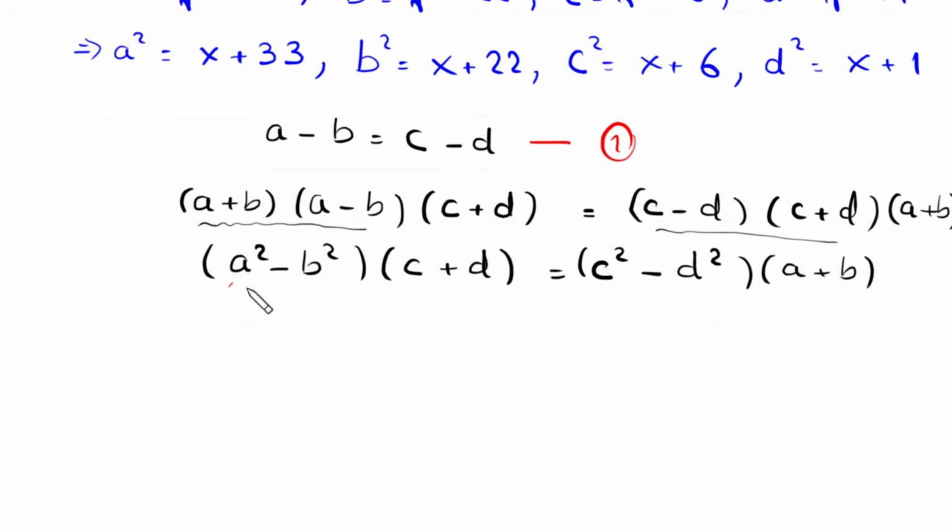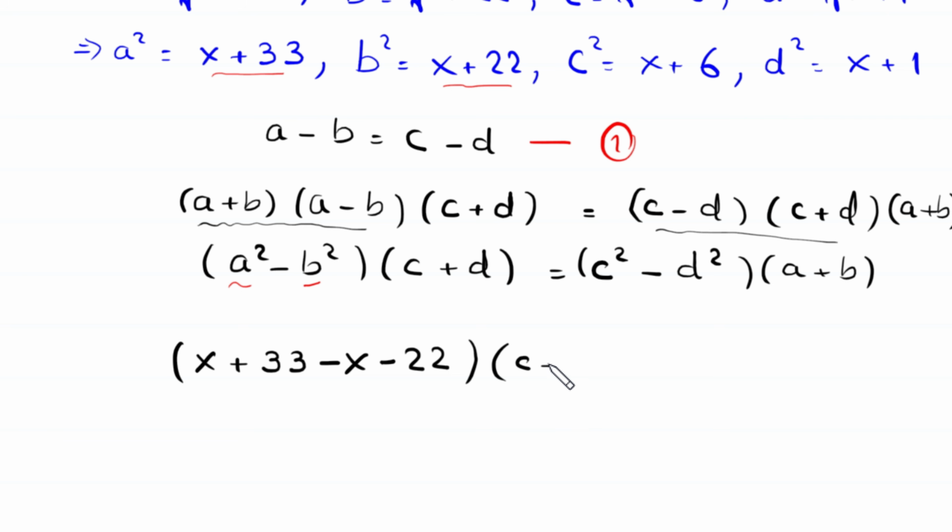Now replace a squared with x plus 33 and b squared with x plus 22. So this will become x plus 33. Due to the negative sign, x will become negative x and 22 will become negative 22, times c plus d, equal to, replacing c squared with x plus 6 and d squared with x plus 1, x plus 6.